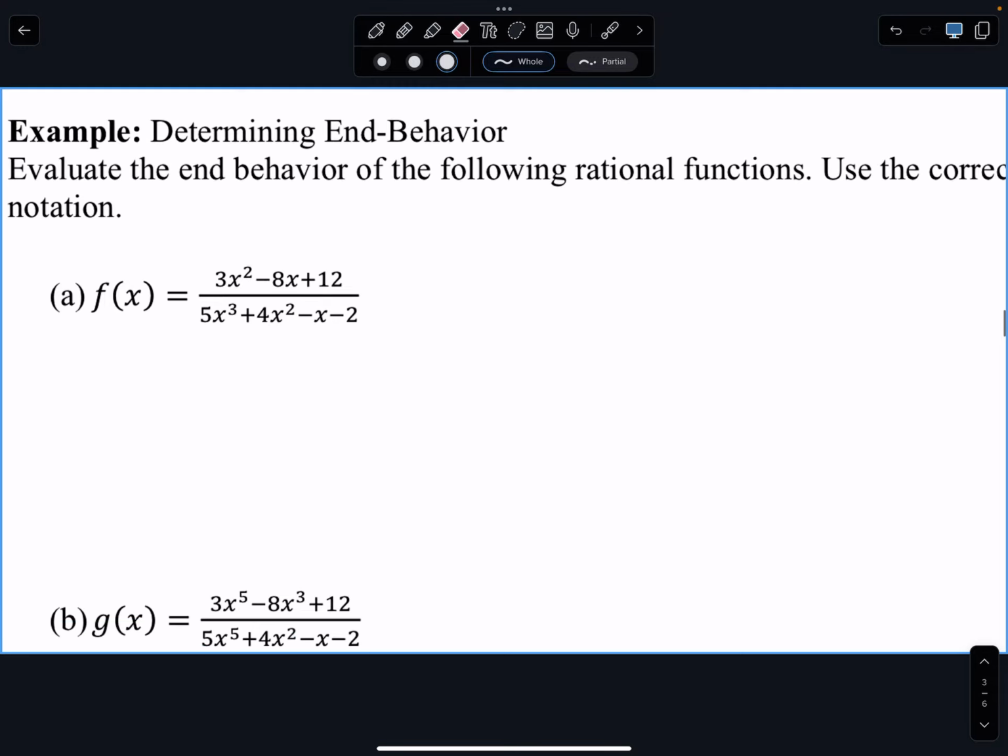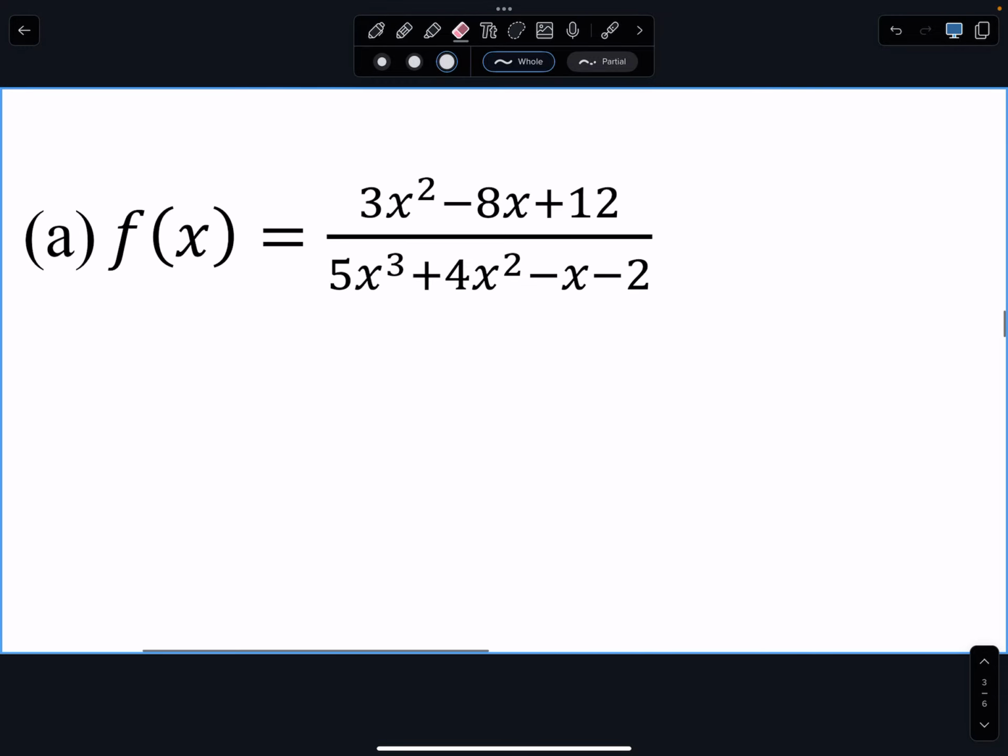So let's look at some rational functions that you've previously studied, and let's talk end behavior. Anytime you're thinking end behavior, I want you to think of a function whose domain goes to negative infinity or positive infinity.